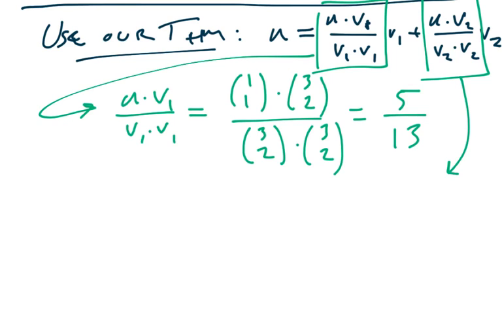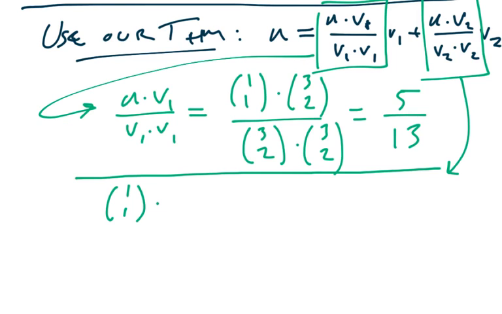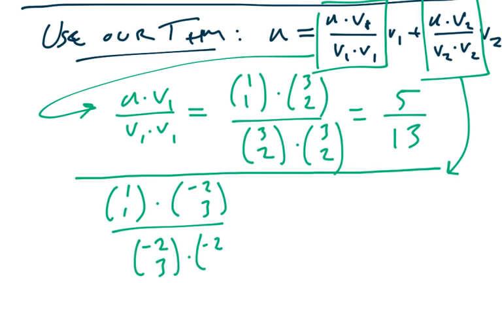And now the second coordinate is, let me draw a line to demark that. This is going to be u, which is (1, 1), dot (-2, 3), over (-2, 3) dot (-2, 3). And so this is going to be -2 plus 3, which is 1, over 13. And there you have it.